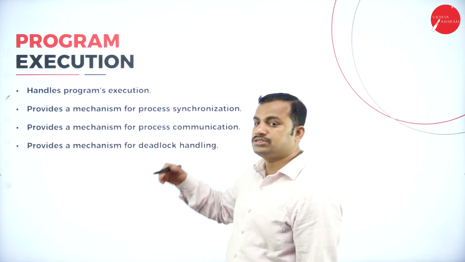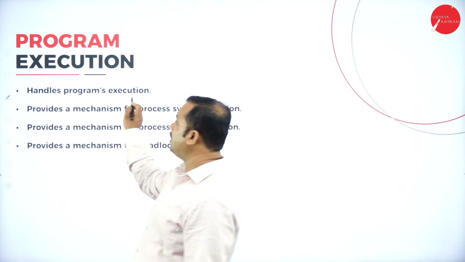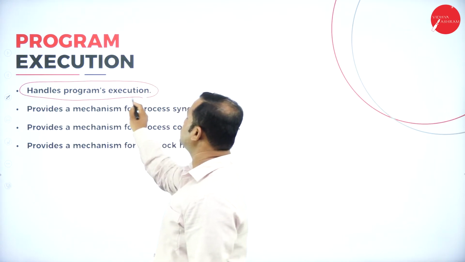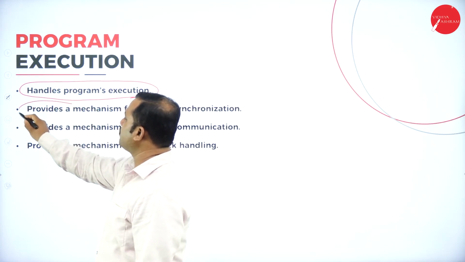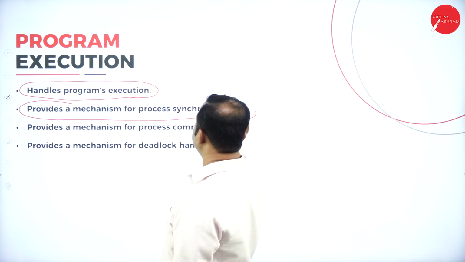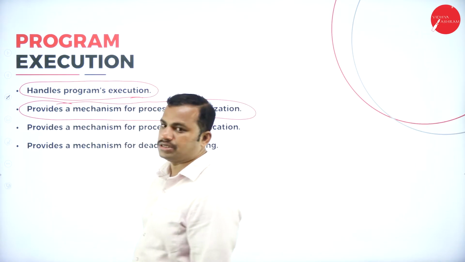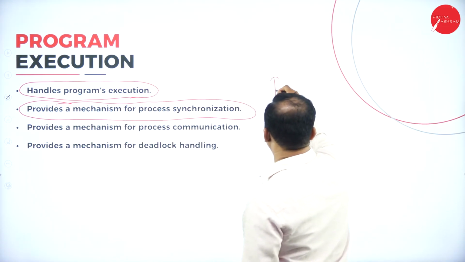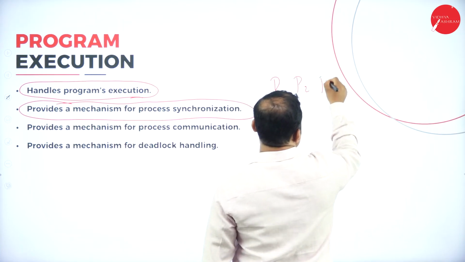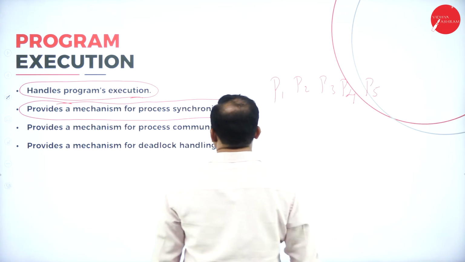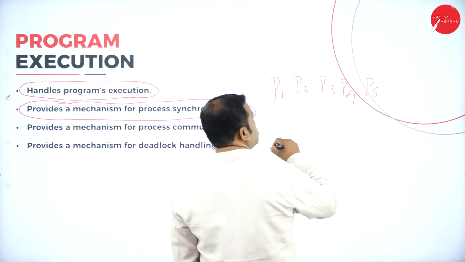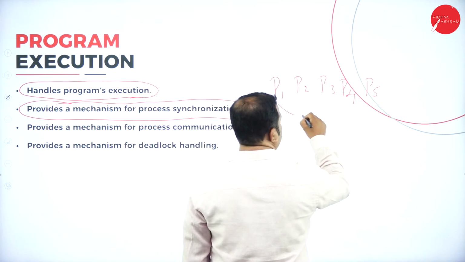If that is the case, which is the third functionality? Handles program execution. That is the third functionality. The fourth functionality is that it provides a mechanism for process synchronization. Suppose these processes P1, P2, P3, P4, P5 must be executed, there must be some synchronization among them. What is that synchronization?